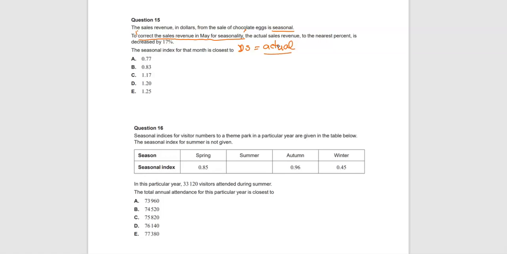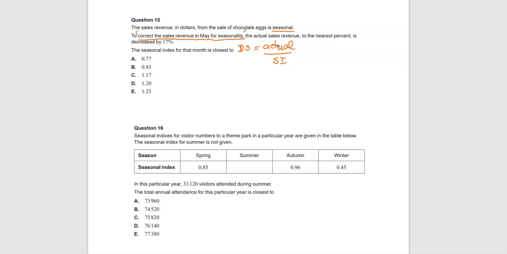That's what deseasonalize is, the formula. So to deseasonalize, the actual sales revenue to the nearest cent is decreased by 17%. So when they deseasonalize the value, it went down by 17% in May.